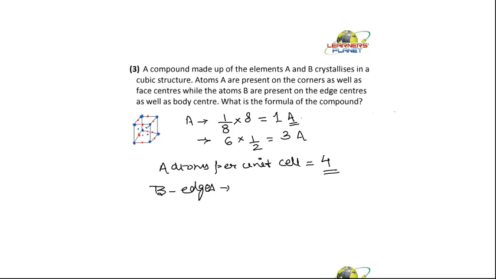So the contribution would be, each edge, there are 8 edges total and each edge is shared by 2 cubes. So number of B atoms per unit cell is equal to 8 into 1 by 2 and that comes out to be 4, right?